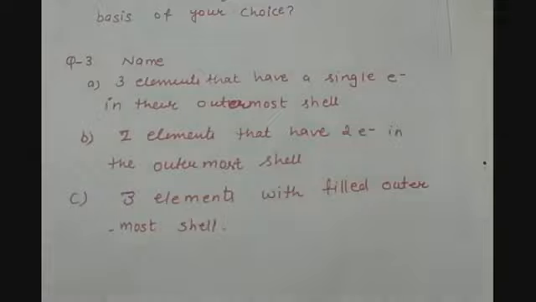Third, C. 3 elements with the filled outermost shells. So we know that only group 18 is the group which is having the elements with all the shells filled. So we can take any 3 noble gases from group number 18.